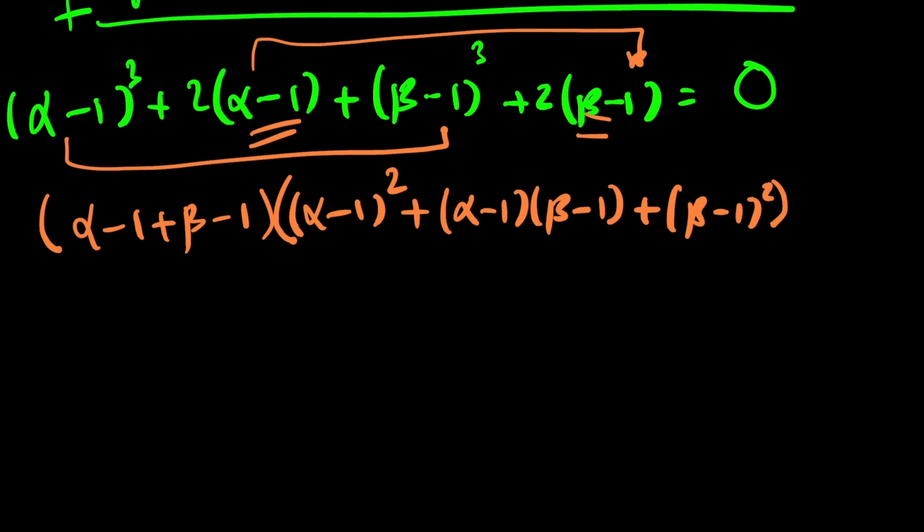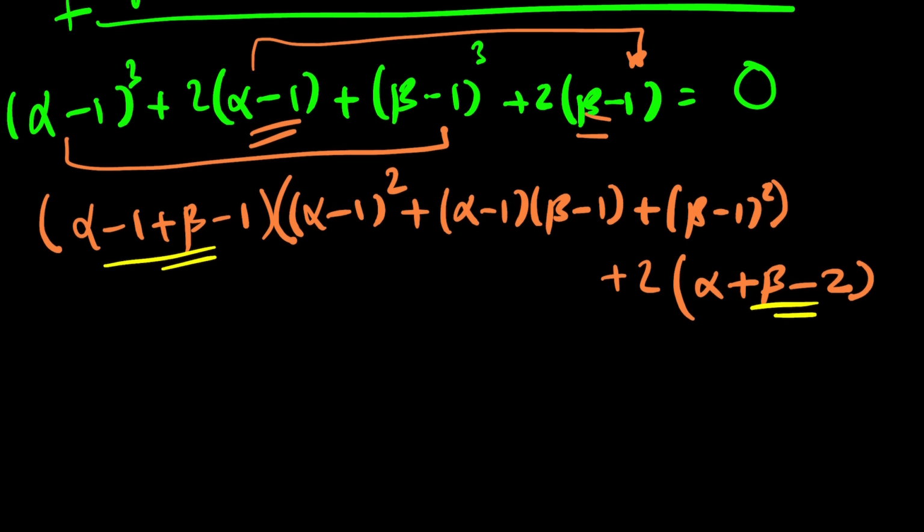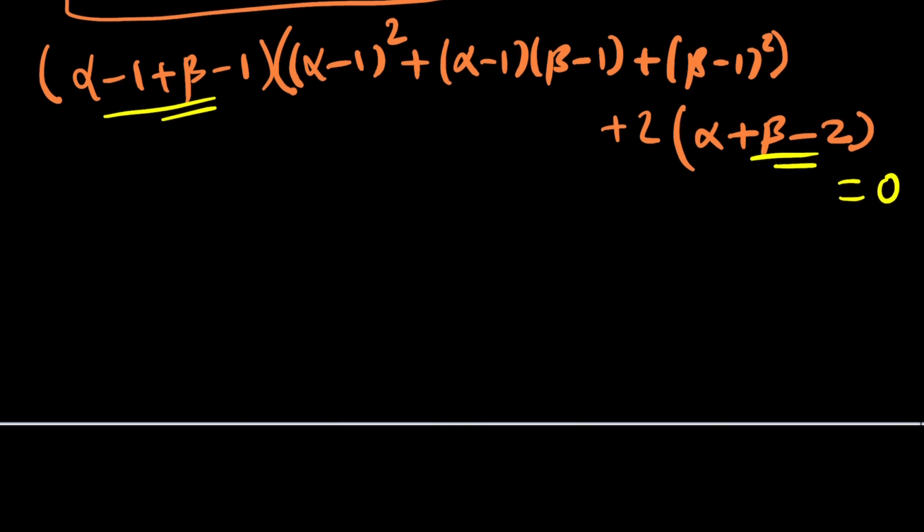But again, we're factoring out a 2. So that gives us alpha plus beta minus 2. Beautiful, because it's the same as this one. Take a look. This one and this one, they're equal. Beautiful. And the whole thing is equal to 0. Sorry, there's not enough room. So now we have the following. Alpha plus beta minus 2.